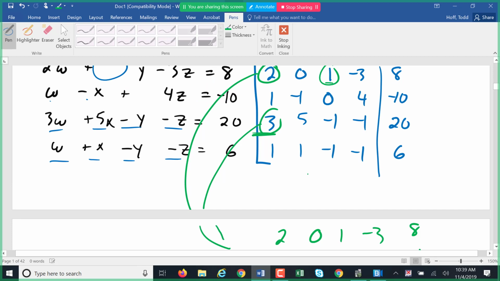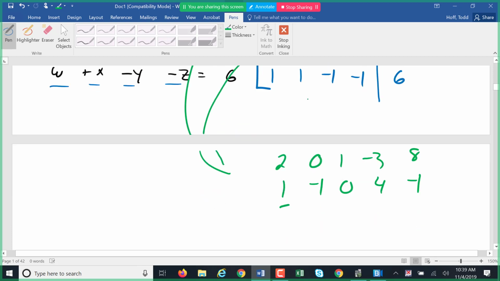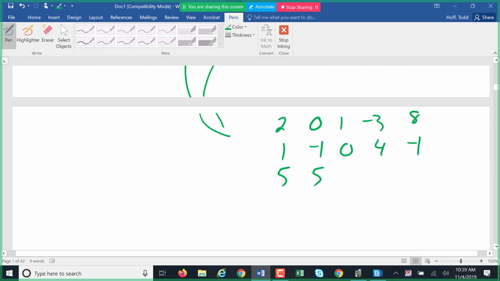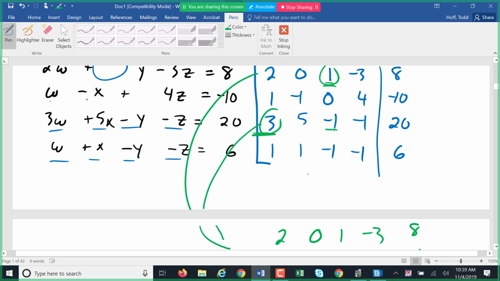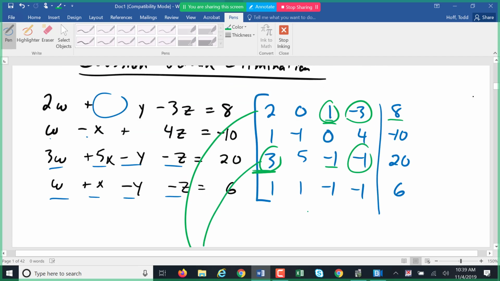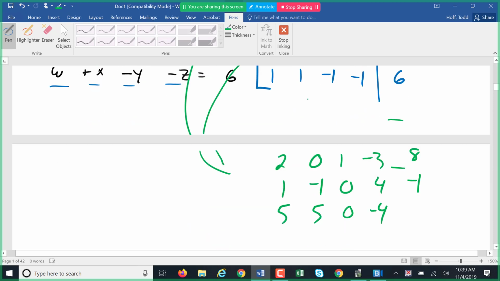So 2 plus 3 is 5. 0 plus 5 is 5. 1 plus negative 1 is 0. Negative 3 plus negative 1 is a negative 4. And I have 8 plus 20 is 28. My bottom row is still 1, 1, negative 1, negative 1, 6.